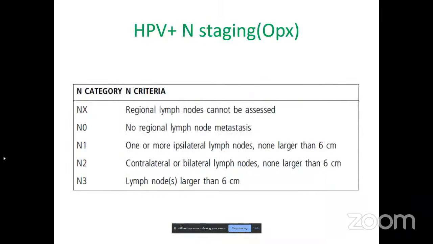When we look at the HPV positive nodal staging, it's pretty simple. N1 is only ipsilateral nodes, not larger than 6 centimeter. N2 is bilateral, none larger than 6 centimeter. And if it is more than 6 centimeter, then it is N3 disease.